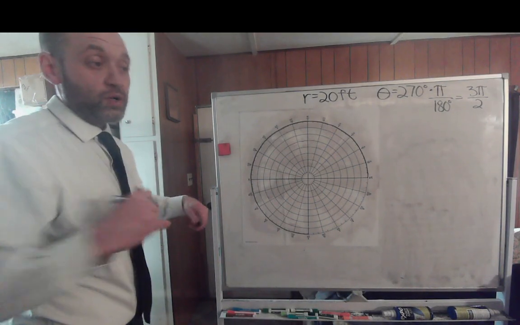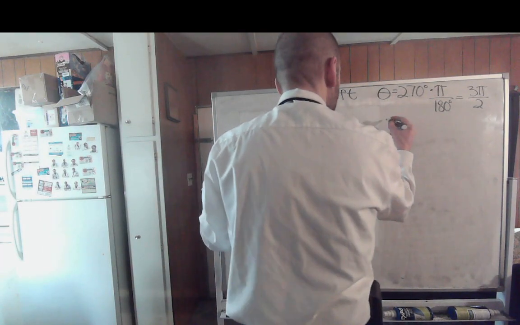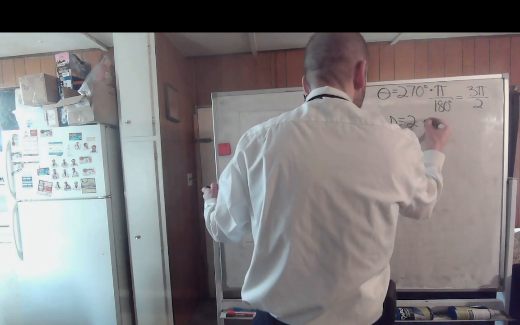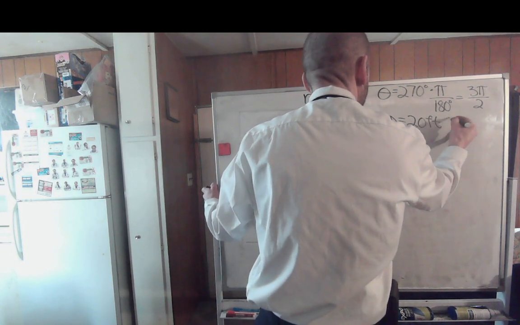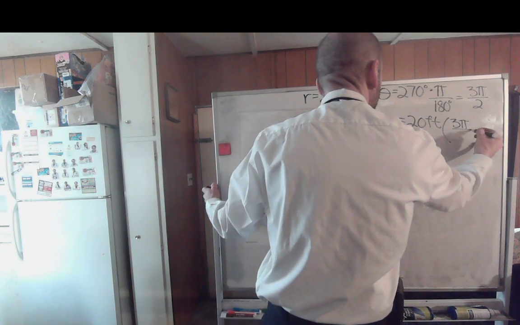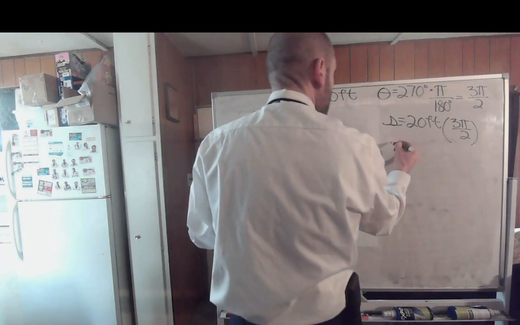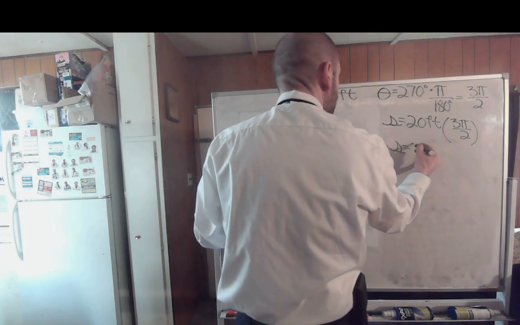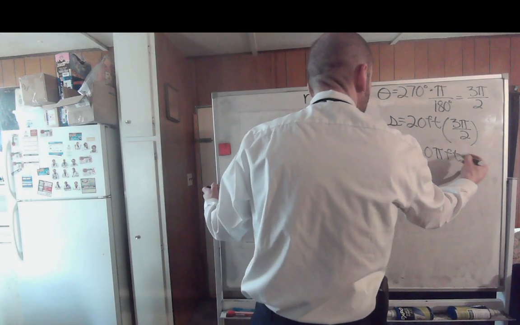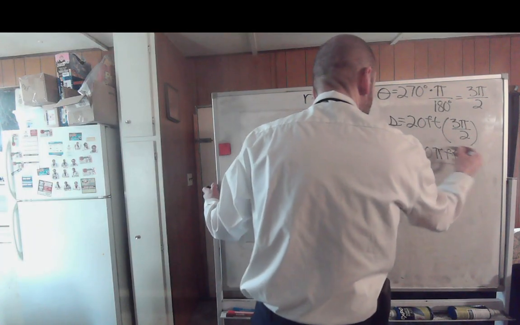So let's go ahead and get started with the arc length. So S equals my radius of 20 feet times my theta of 3 pi over 2, which means I'll end up getting 30 pi feet. So my arc length would be 30 pi feet.